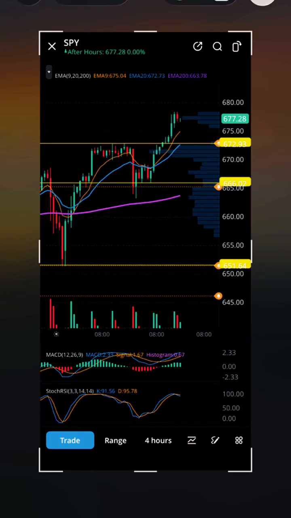Somebody says, so if the blue line goes over 672.93, does that create a new floor at 672? Well, the new floor is already there. The floor is already there at 672 because the price broke above it, and that was the previous level of resistance. So now it turns into support since the price has gone above it.